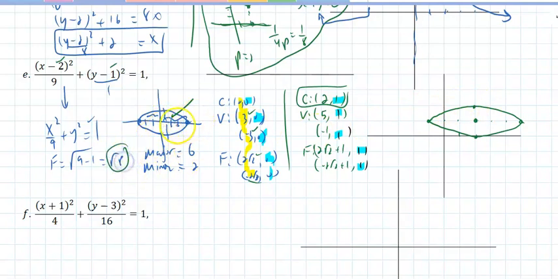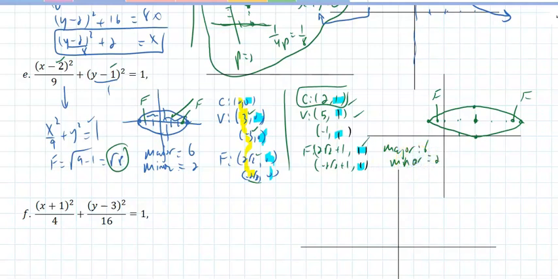Radical 8 is a number between 2 and 3, so the focus is right there and the focus is right there. So I went from the center between 2 and 3 units, each way. Everything's labeled. I got the graph. Oh, and the major and the minor don't change. The major length is 6 and the minor is 2.